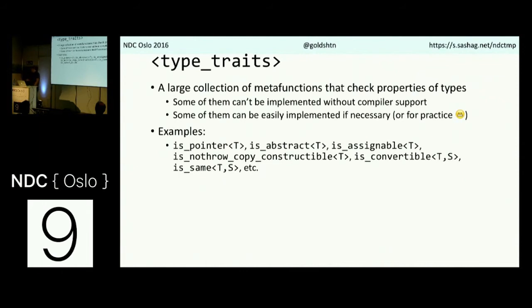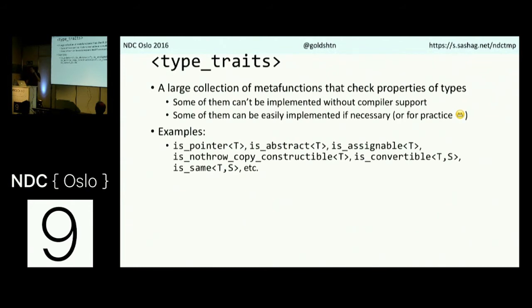A lot of these, however, cannot be implemented without actual compiler support. So the standard library implementation on a particular platform would have to ask the compiler for hooks which implement some of these type traits, because there's no way to express in the language itself checking for that kind of constraint. So some useful examples, is_pointer, for example, checks if a type is a pointer type.